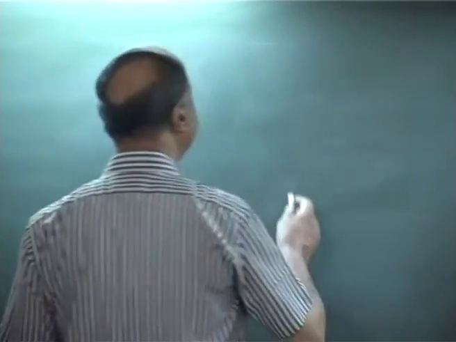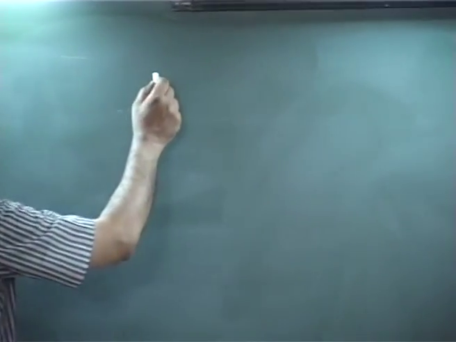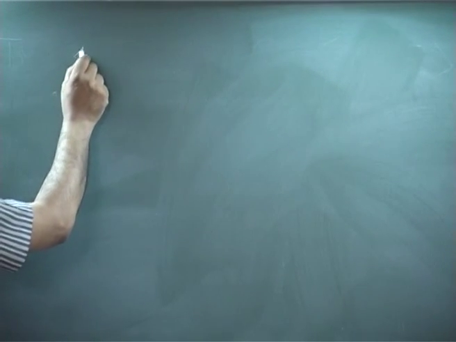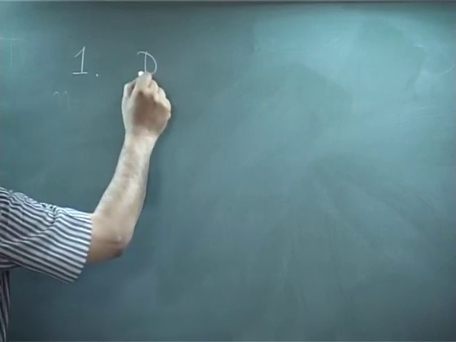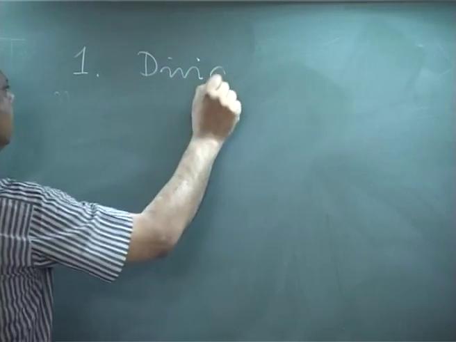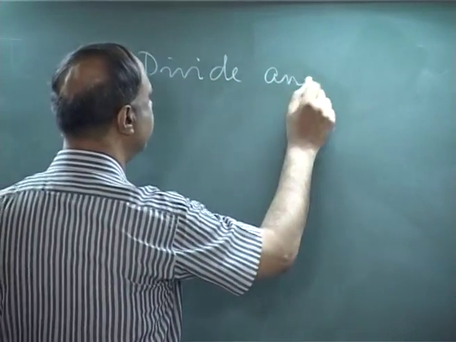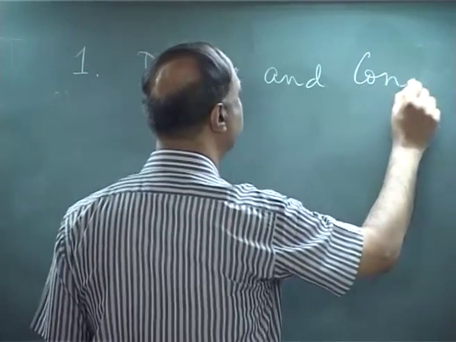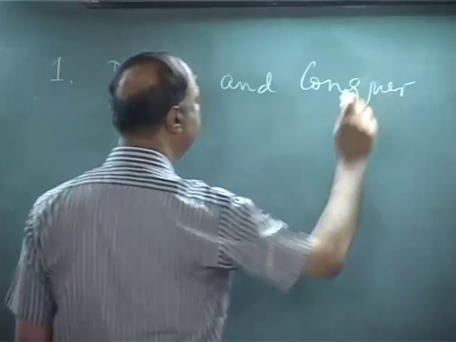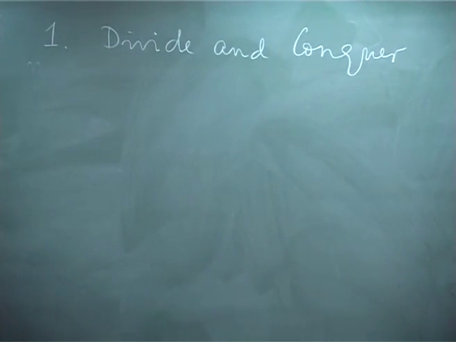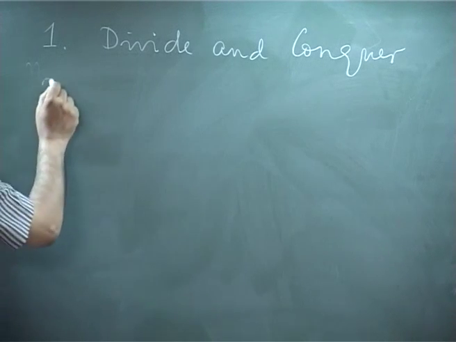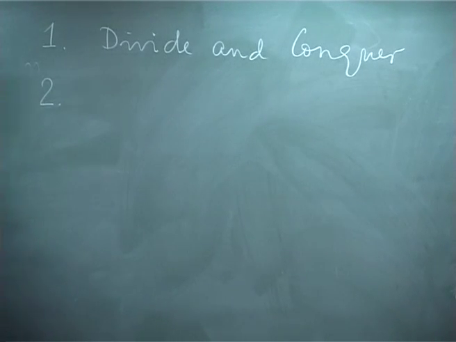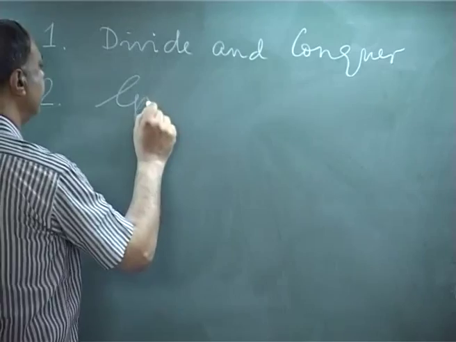Now, the different paradigms we use for sequential algorithms are: one, divide and conquer. This is one well-known paradigm we use. The next one is the greedy method.